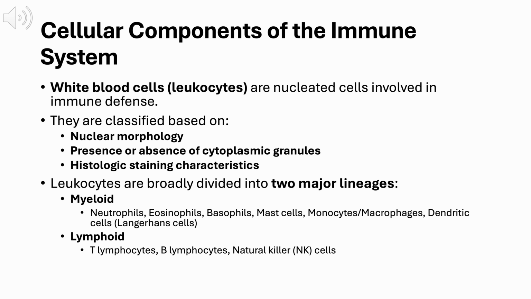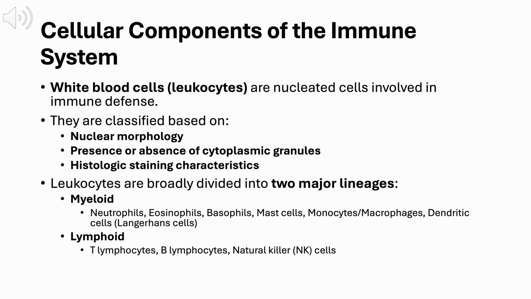With that distinction in mind, we can now organize the major cellular components of the immune system. White blood cells, also called leukocytes, are nucleated cells responsible for immune defense. They are classified by features such as nuclear shape, the presence or absence of cytoplasmic granules, and their staining characteristics under the microscope. Leukocytes are broadly divided into myeloid and lymphoid lineages.